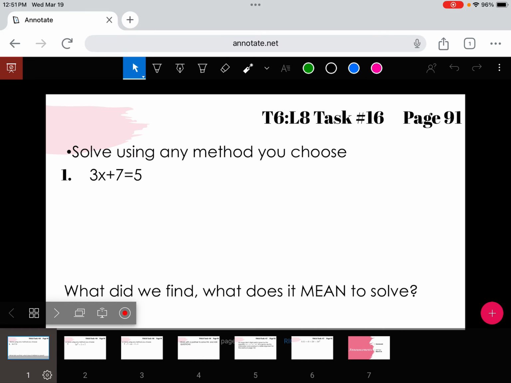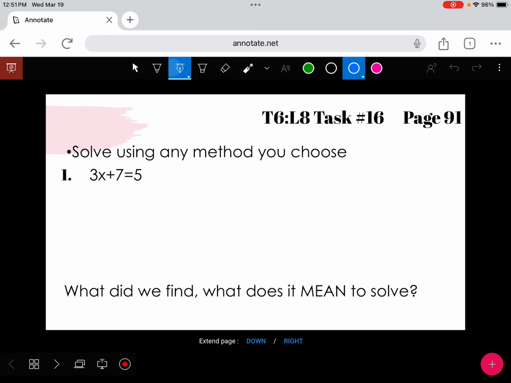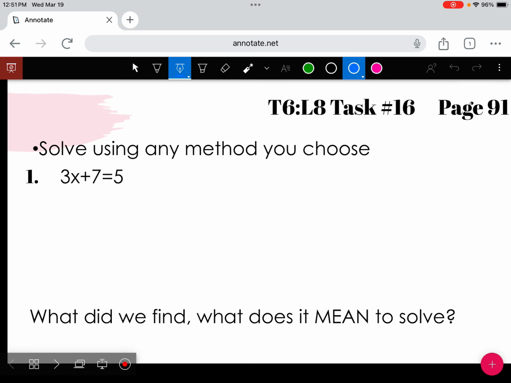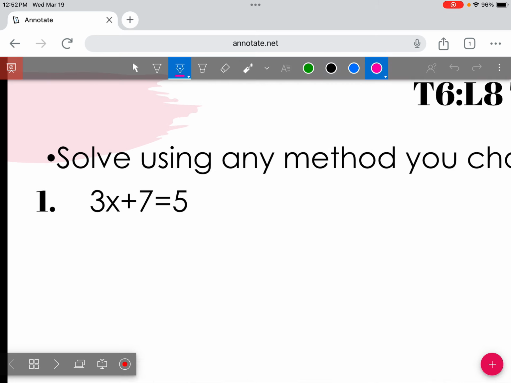All right. So what do we do to solve this? Using your head. More specifically, what did we do with our heads? Yeah, we can subtract this 7. Absolutely valid strategy here.